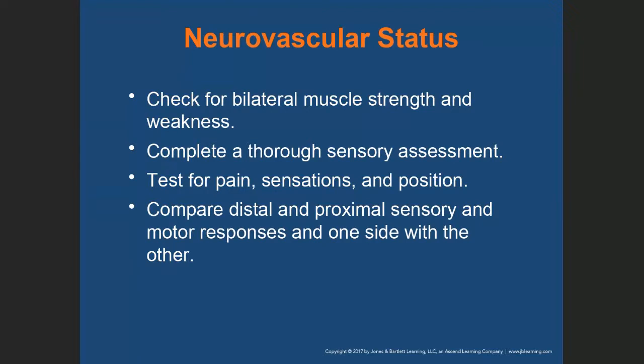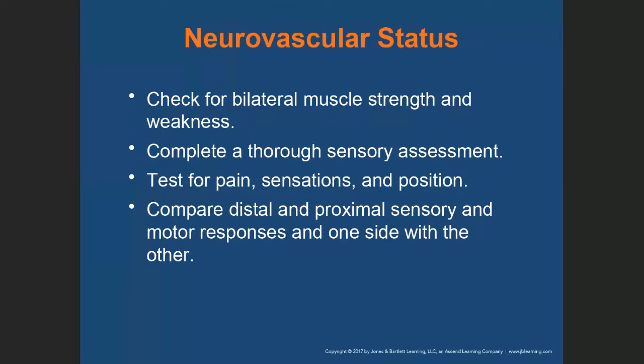So it is used to identify complications with spinal injury, complications with a fracture or joint injury, and complications from a stroke. In a neurovascular assessment, you are looking at the sensory nerve, the motor nerve, and circulation to the area.